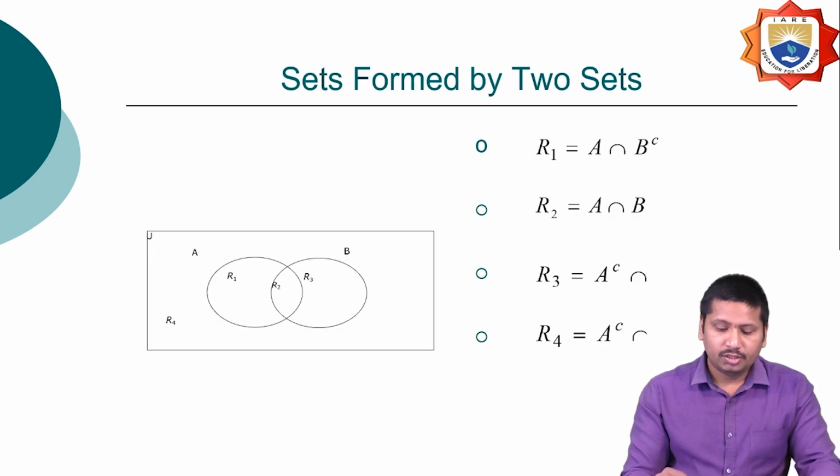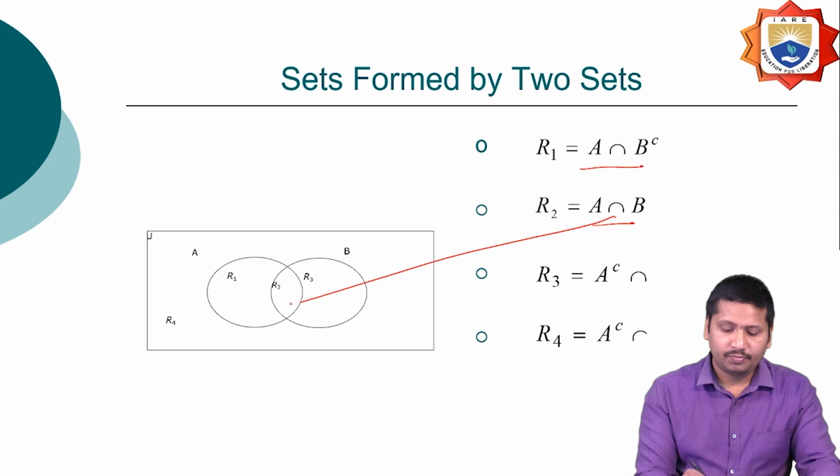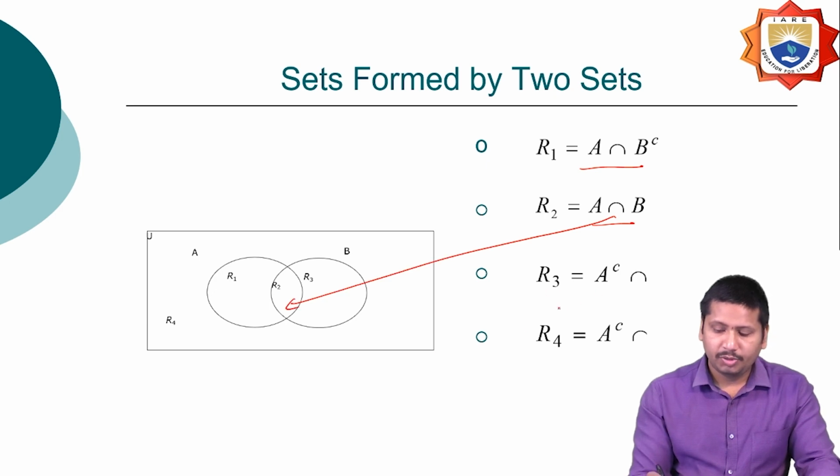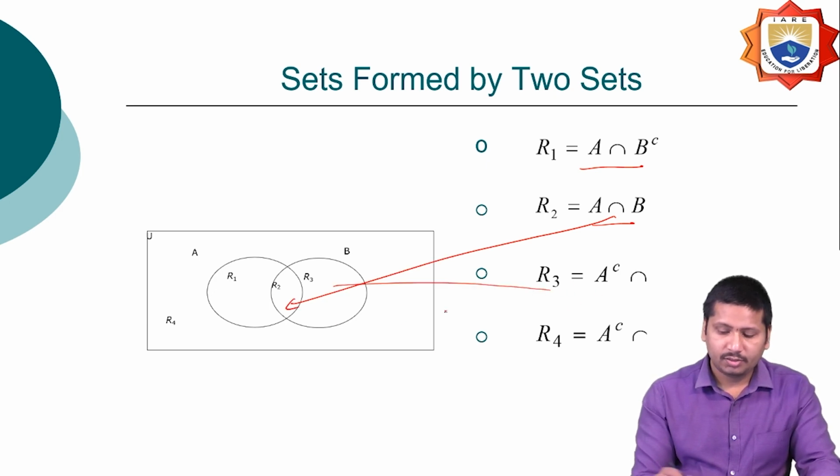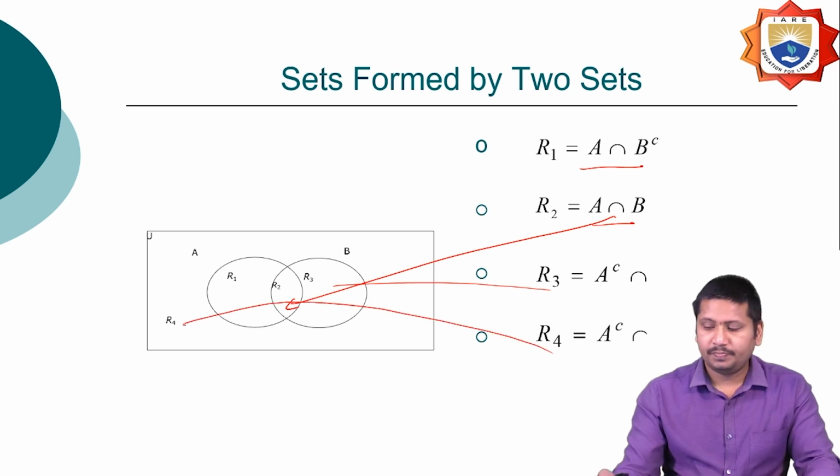And these are some of the various sets formed by two sets: R1 is equal to A intersection B complement, R2 should be A intersection B, R3 should be A complement intersection B, and R4 should be this.